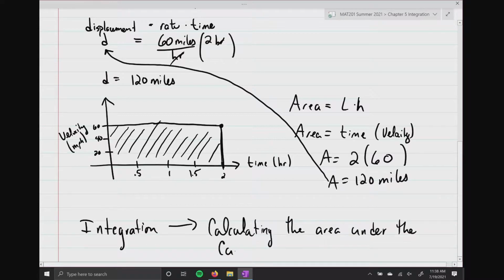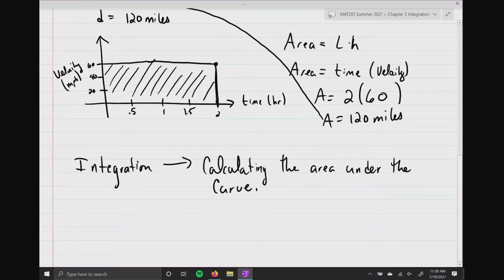under the curve. Now, some will argue that Leibniz and Newton were really big into this, and I'm not going to push back on that argument. I mean, there's a lot of evidence to support that. But there's also evidence to support that Archimedes was actually doing this way before those two mathematicians. So if you want to, you can go ahead and look that up on your own time, all right?